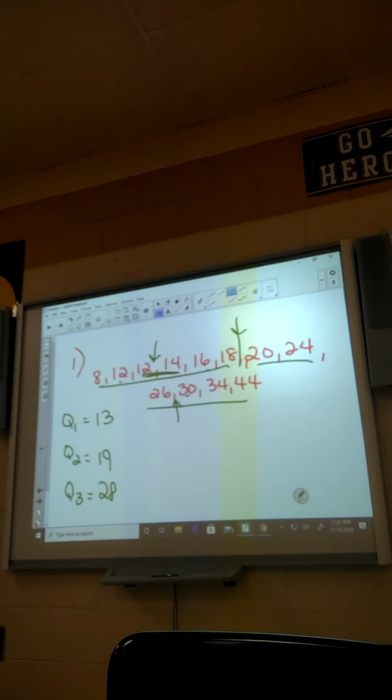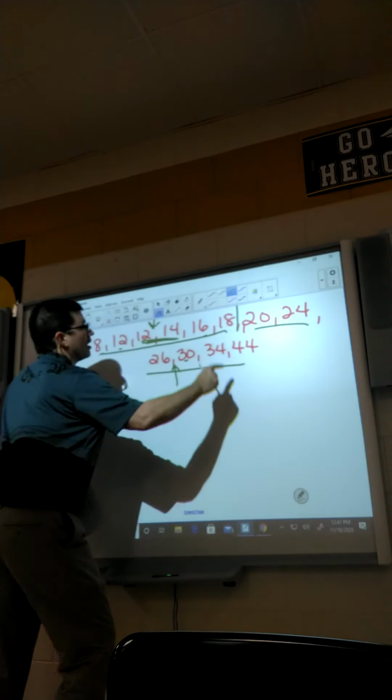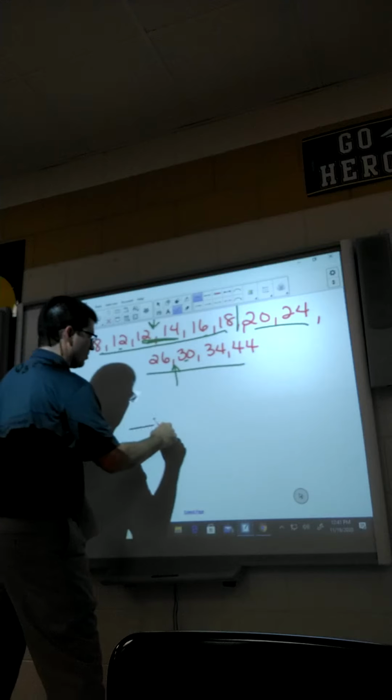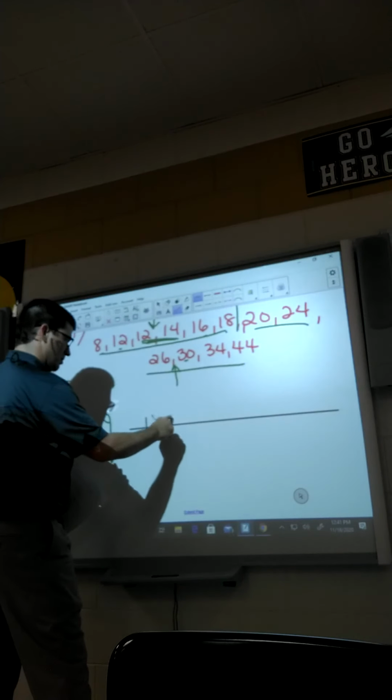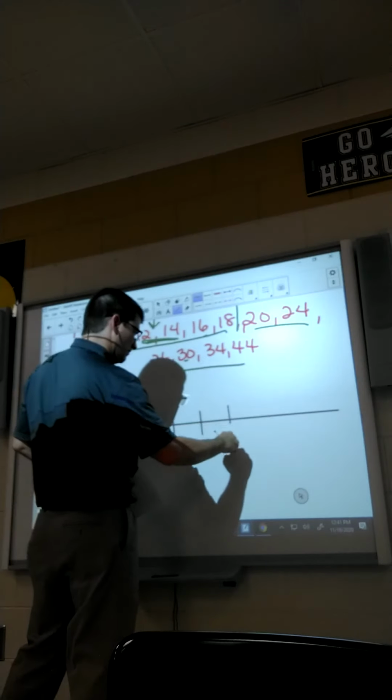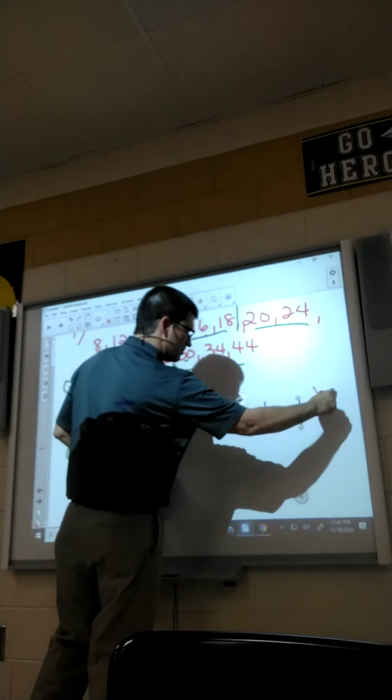Make a box and whisker plot for the following data. So let's do that. All right, everybody draw a number line. All right, we got 1, 2, 3, 4, 5, 6, 7.